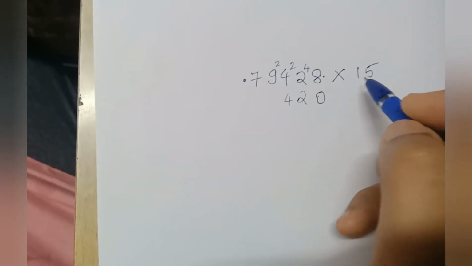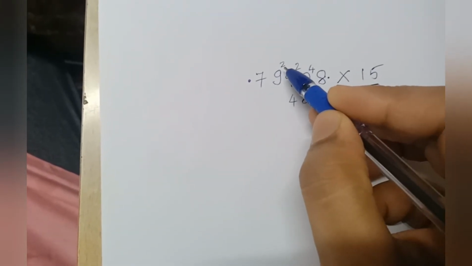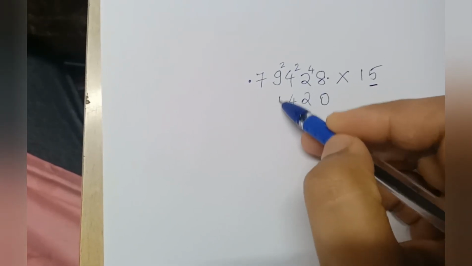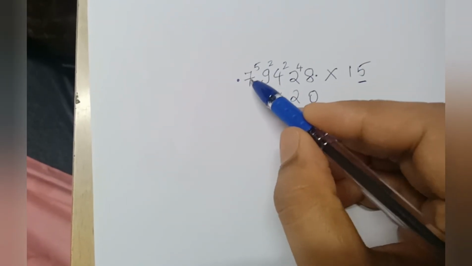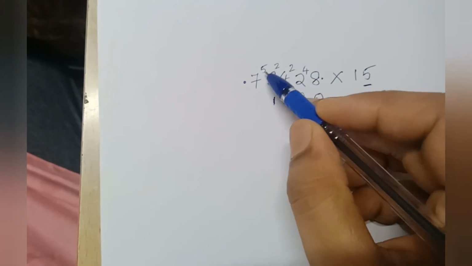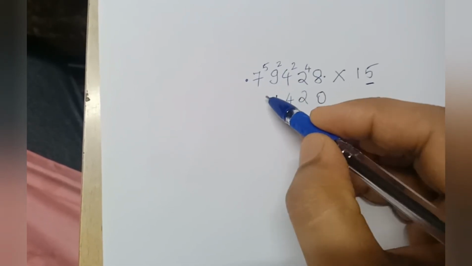Now 9 5s are 45. 45 plus 4 is 49. 49 plus 2 is 51. So write 1, 5 carry forward. Now 5 7s are 35. 35 plus 5 is 40. 40 plus 9 is 49.